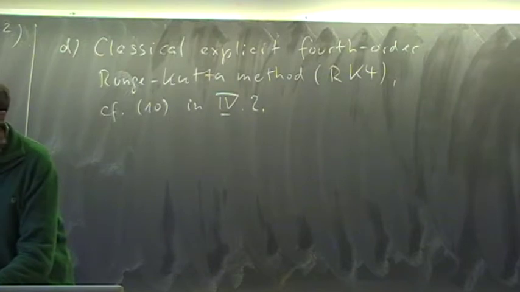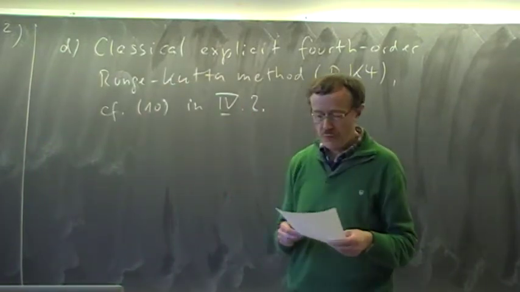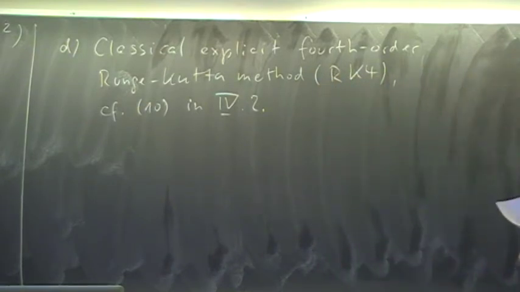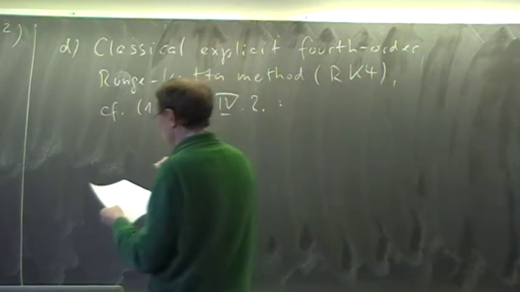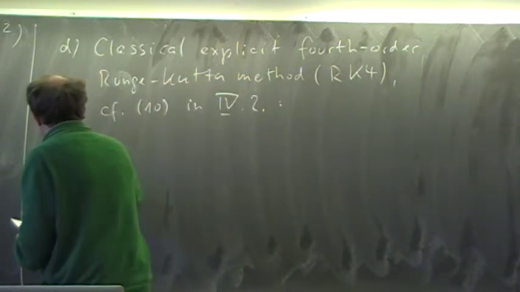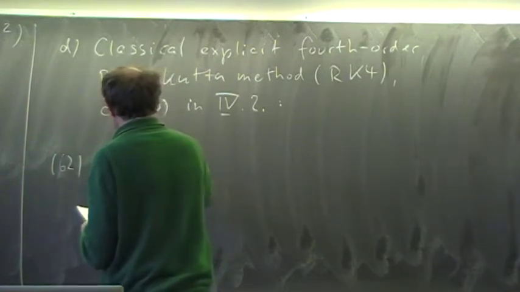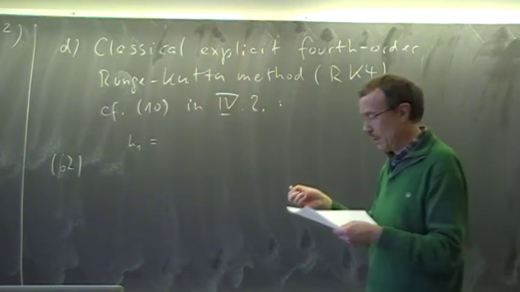If we apply that to solve our system of ODEs that we get from the discretization of an advection equation with the central difference method, we get the following. We compute essentially the right-hand sides with different values.